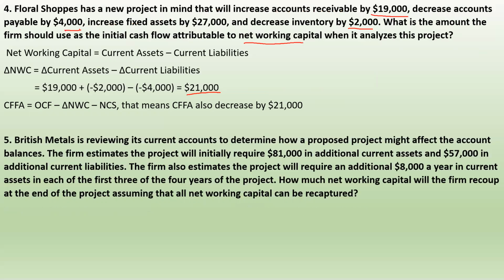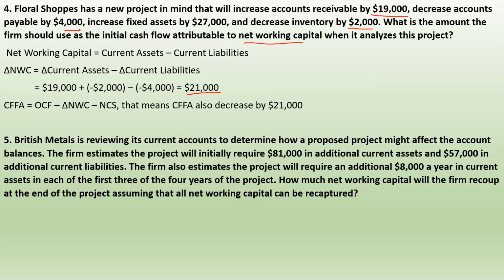Question 5. British Metals is reviewing its current accounts to determine how a proposed project might affect the account balance. The firm estimates the project will initially require 81,000 US dollars in additional current assets and 57,000 in additional current liabilities.